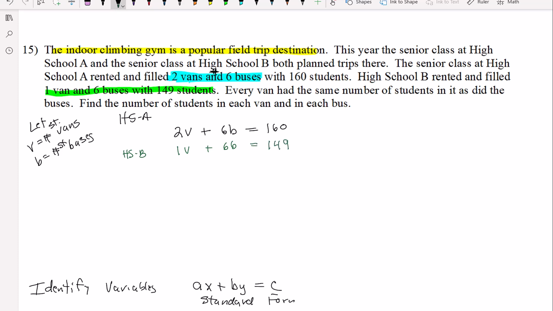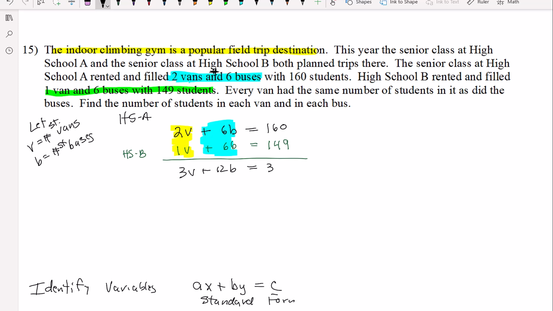All right. So here's what's a little bit different than the previous one. Students, look at the 2 columns. And notice if you add the columns, you're going to get 3V plus 12B is equal to whatever that ends up equal.